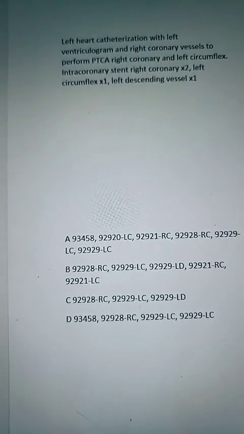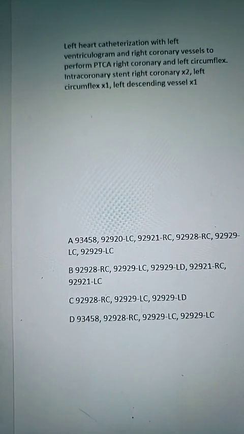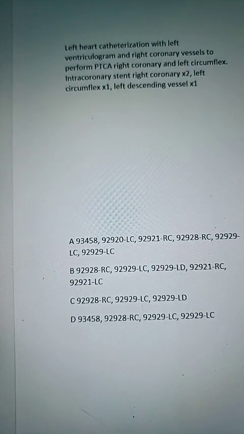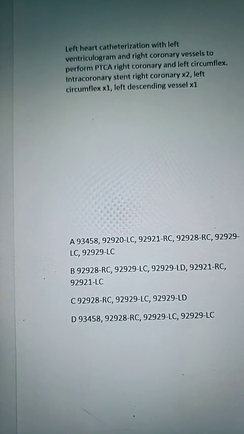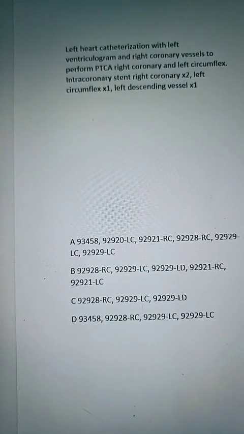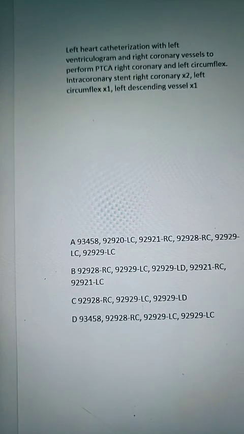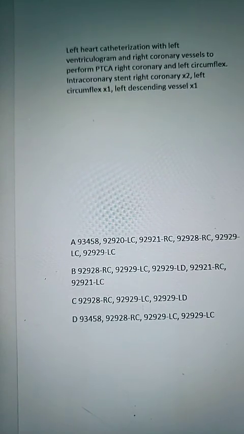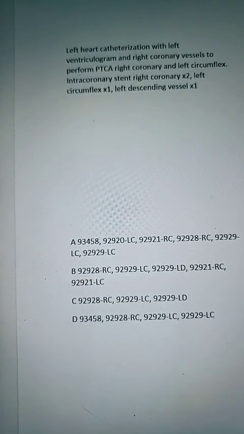So if we go to these 934s, these are the dreaded heart catheterizations. So we're in the 929 section.